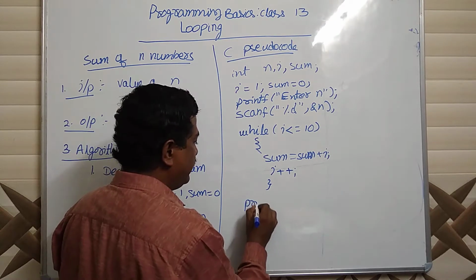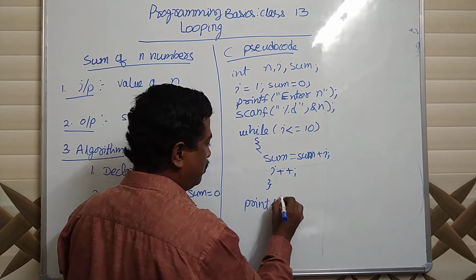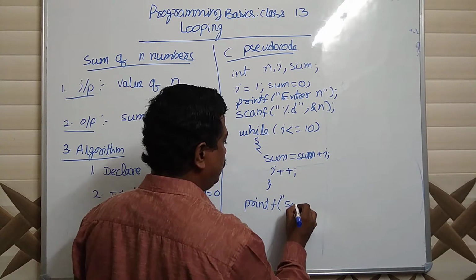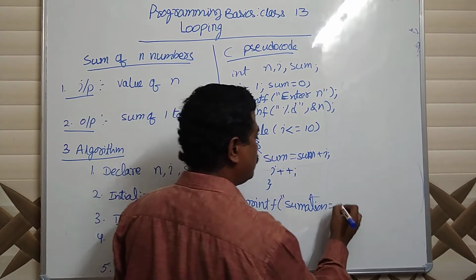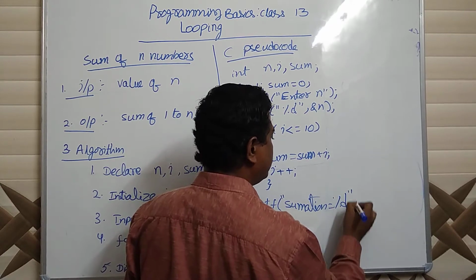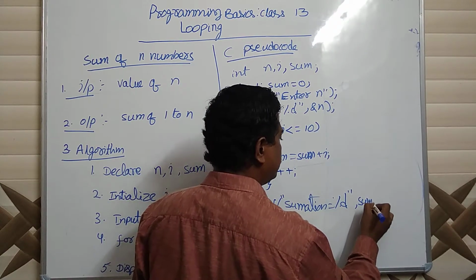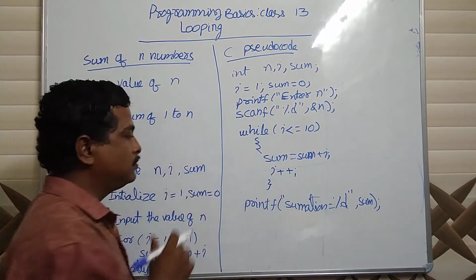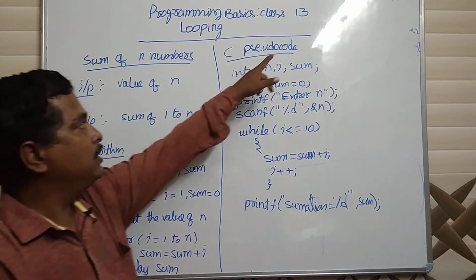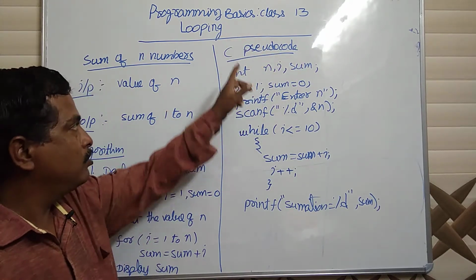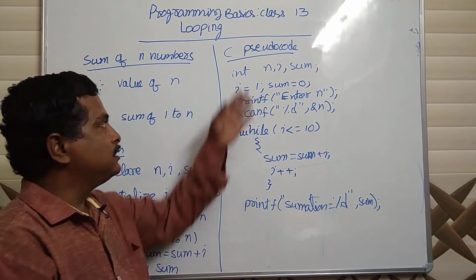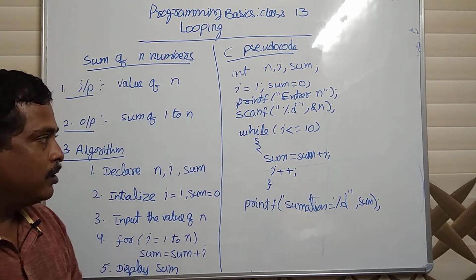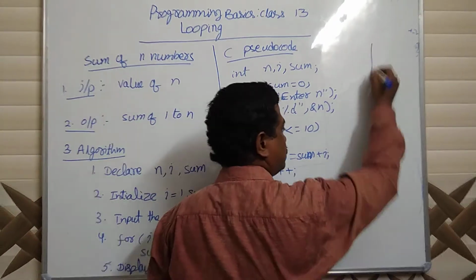So printf summation is equal to %d, sum. So this is the program. Just to put the frame, include stdio.h, void main, opening curly bracket, here closing curly bracket. Then the pseudocode will be converted to your program. Now what is in C++?